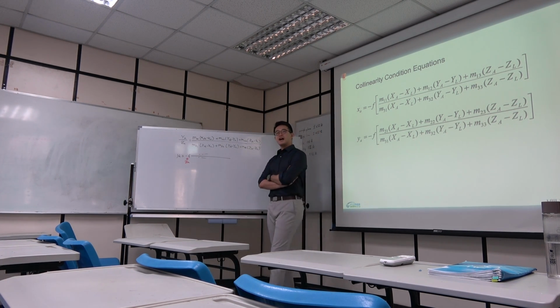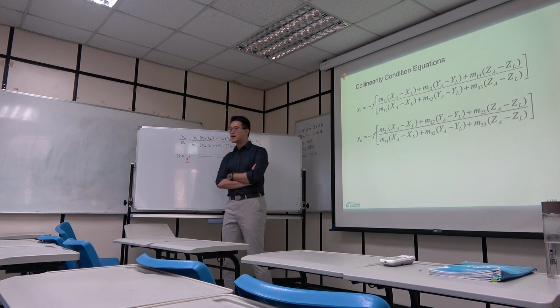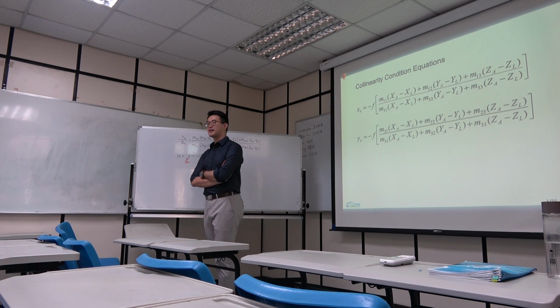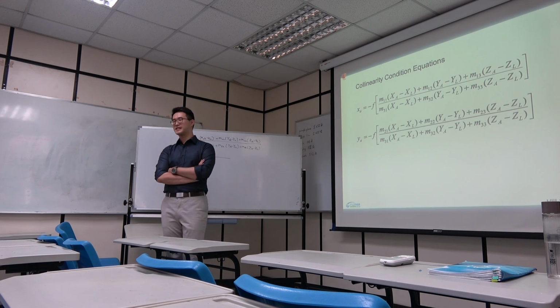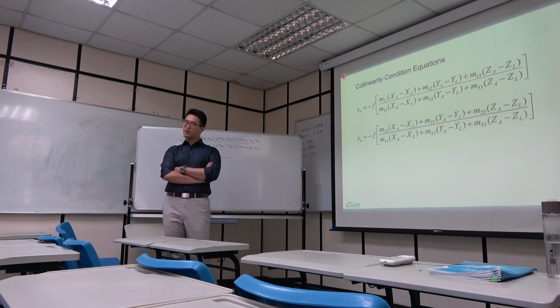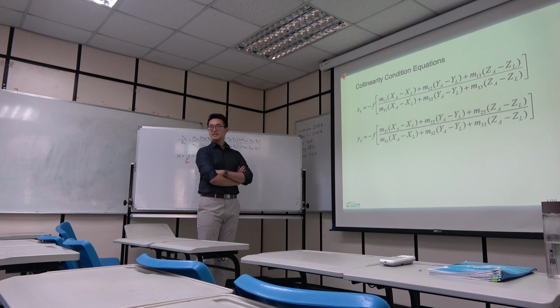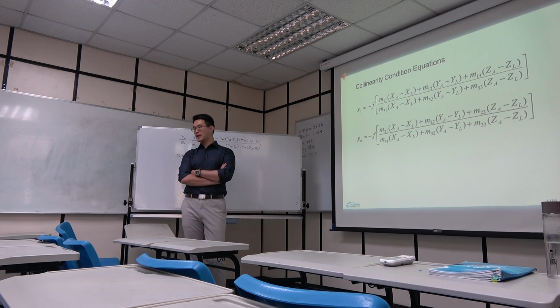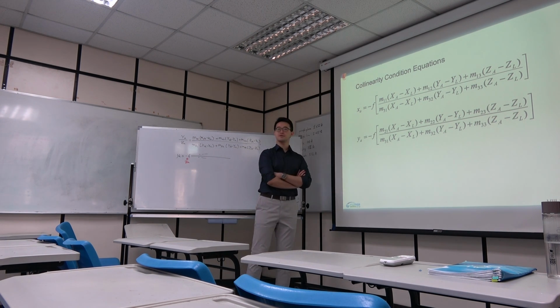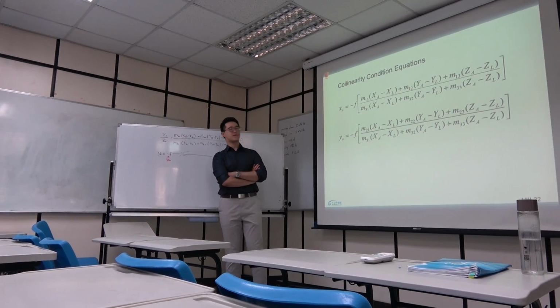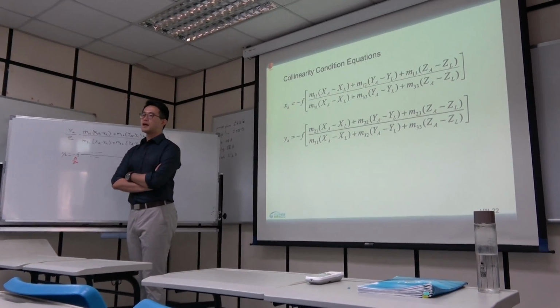So for the collinearity condition equation, if we assume there's no lens distortion, in this case we have 9 parameters: xc, yc, zc, omega, phi, kappa as the EOP, x0 and y0 to represent the principal point offset, and also the IOP focal length.